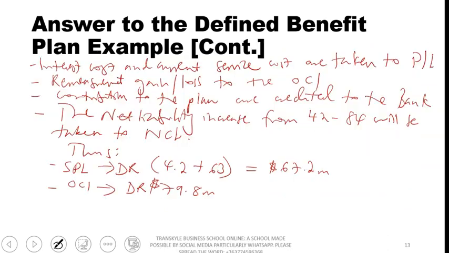So we have a debit because it's in the form of a loss. An increase in liability to us is a loss.